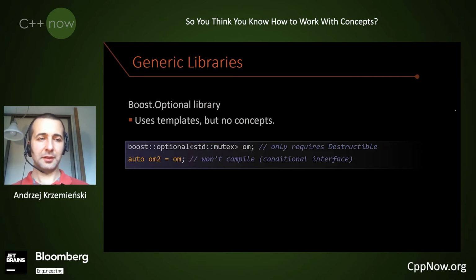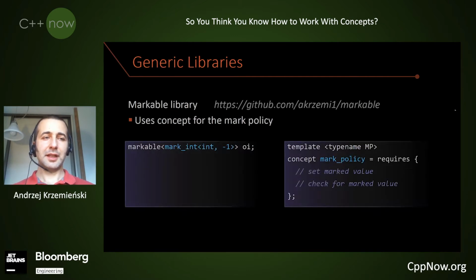In contrast to that, I also maintain another library, which is called Markable, which is supposed to address the same problem, but in a different way, of representing values that are possibly missing. It is more compact.